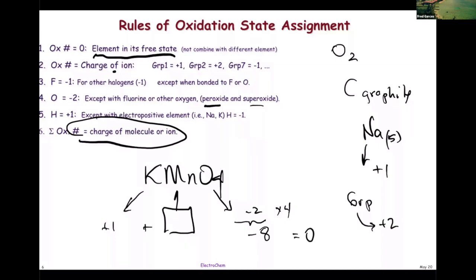The only way this sum is equal to 0 is if manganese was +7. So we say that manganese is a +7 oxidation state, which is pretty amazing because that's pretty high. It's basically given up all its D electrons and then its S electrons. But +7 would be the oxidation state of manganese.